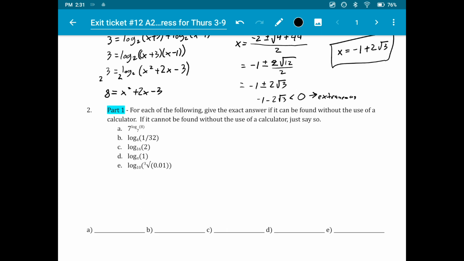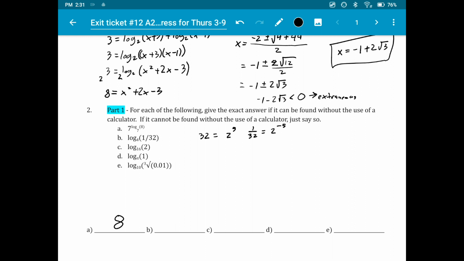So 7 raised to the log base 7 of 8. The 7 and the log base 7 are canceling each other out, so that's just 8. Log base 4 of 1 over 32. Well, I can write 32 as 2 to the 5th. So 1 over 32 is equal to 2 to the -5th.